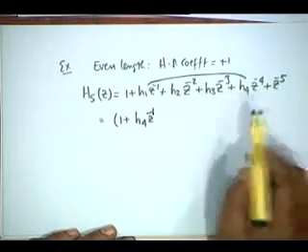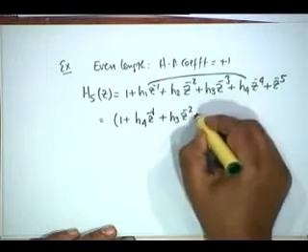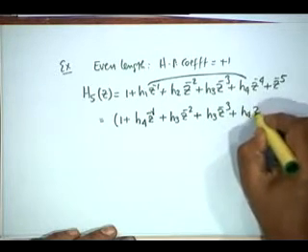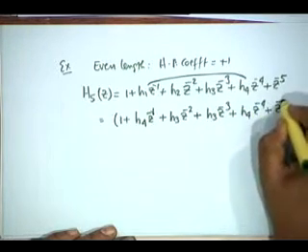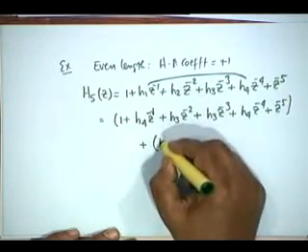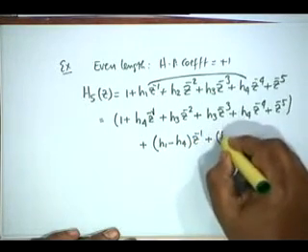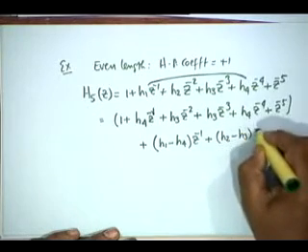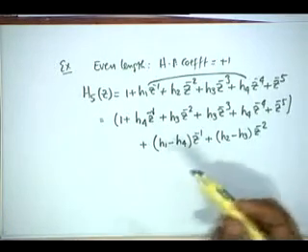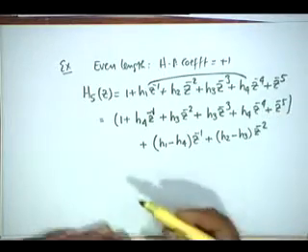This has to couple with this, plus H3 z to the minus 2 plus H3 z to the minus 2 plus H4 z to the minus 4 plus z to the minus 5 plus, yes, H1 minus H4 z inverse plus H2 minus H3 z to the minus 2. Okay. Now, the first one is linear phase, and I can synthesize it in the usual manner.